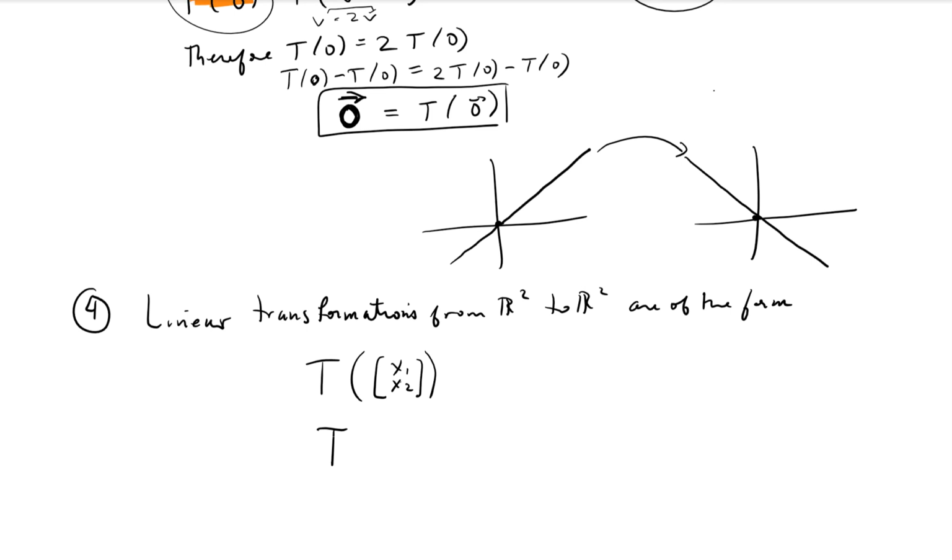So I'm using x1, x2 because I want eventually to replace that by the vector x. Well, where is that sent? Well, it's sent onto R2, so that means I need to know where, well, this is x1 i plus x2 j, right? So I need to know where i and j are sent, because the image of x will be x1 times the image of i plus x2 times the image of j.